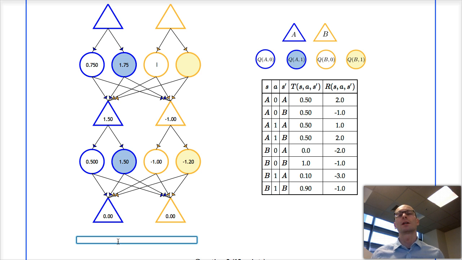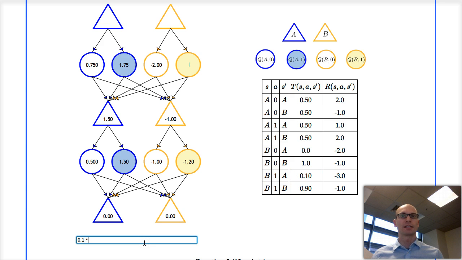Then there's a 100% chance to go to state B, in which case we get a -1.0 instantaneous reward plus a -1.0 expected future sum of rewards. That's this value, and then here's the last one in this level. We're in state B and took action 1. So it's this part of the table.